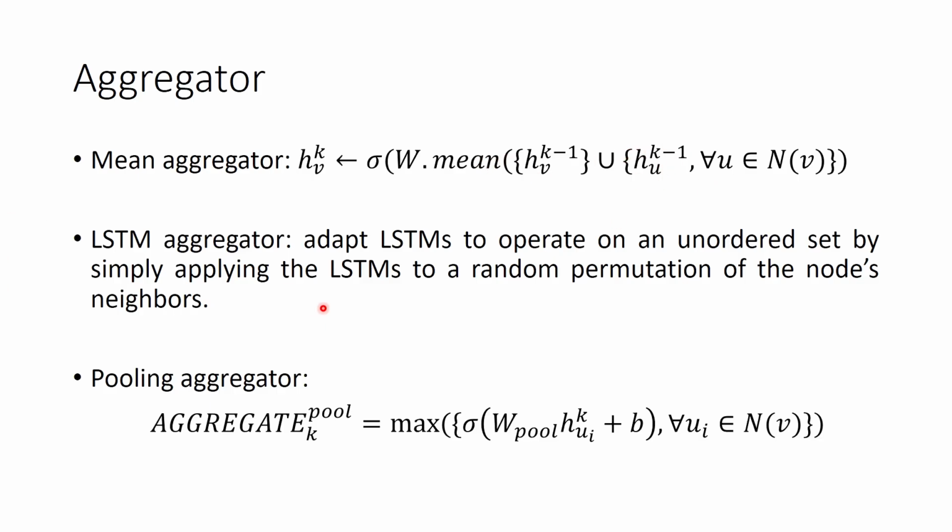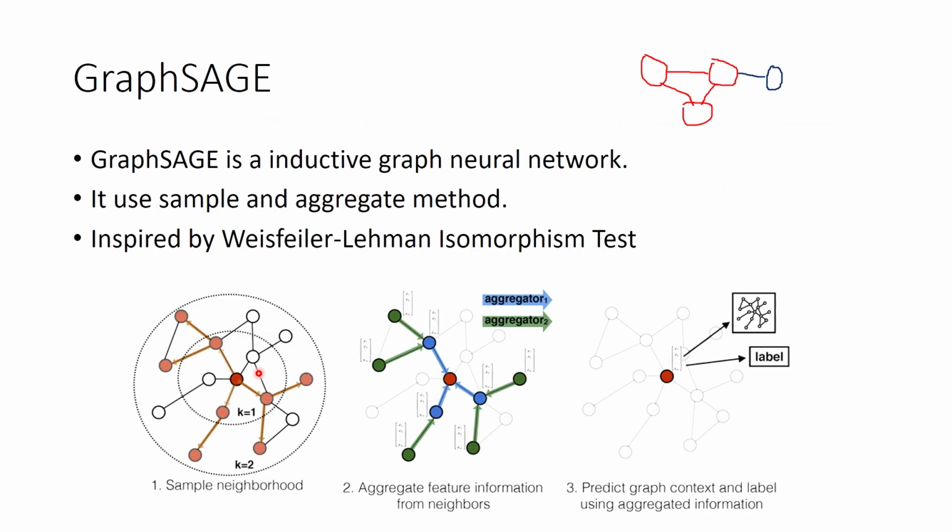So like here we can see better. In embedding, we are calculating this node's embedding, so we calculate its k minus 1 embedding, and we calculate its neighbors' embeddings in the kth aggregator.